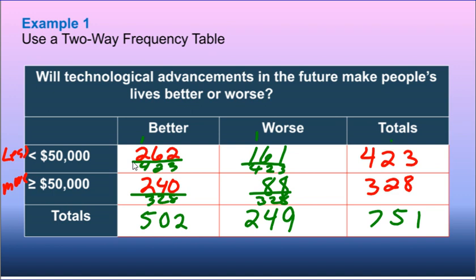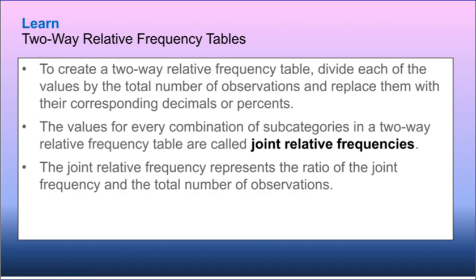That's what they mean when they say divide each of the values by the total number of observations and replace them with the corresponding decimals or percents. The values for every combination of subcategories in a two-way relative frequency table are called joint relative frequencies. So what I was doing just previously with putting those fractions in there was finding the joint relative frequency. The joint relative frequency represents the ratio of the joint frequency and the total number of observations.